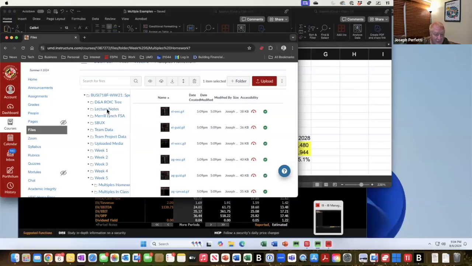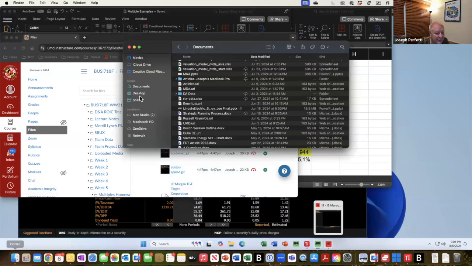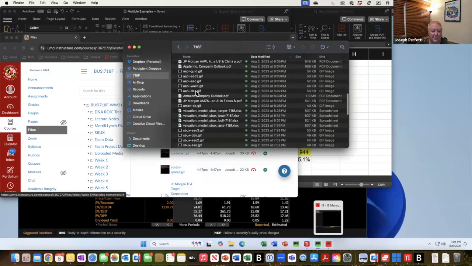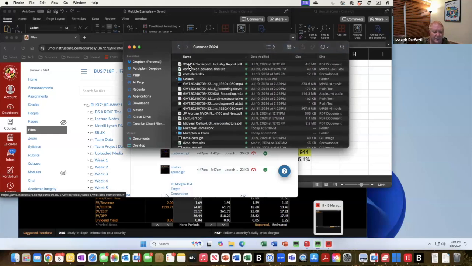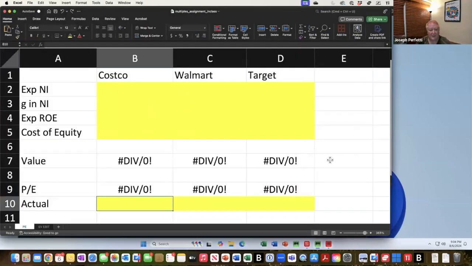All right. So we're going to start with the multiples in-class files, which I have in this folder on my desktop. Oh, we're going to upload that file.